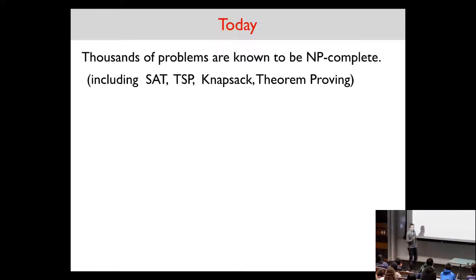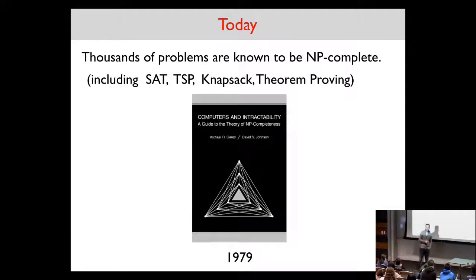And today, you can ask, well, that's 1972. What about today? We now know thousands, even tens of thousands, of problems that are NP-complete, including all these problems: SAT, TSP, knapsack, theorem proving. A good resource for NP-complete problems is this book from 1979 by Garey and Johnson, Computers and Intractability.